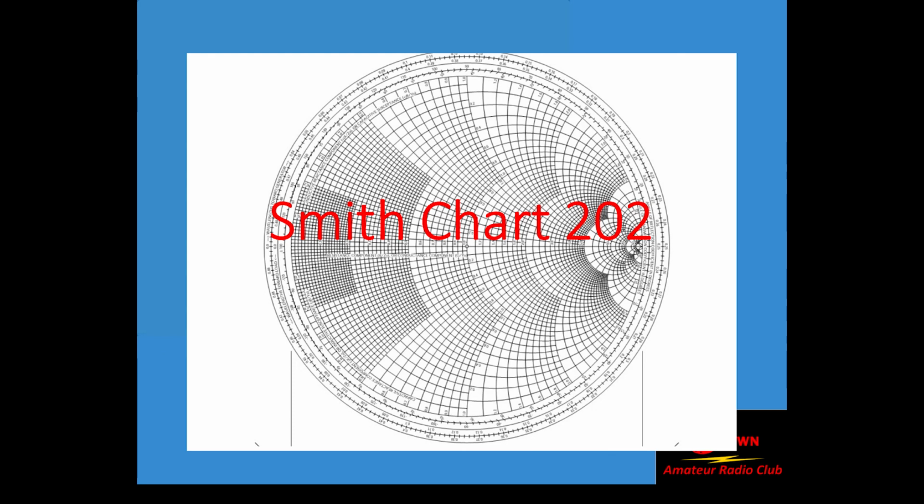Anyway, we'll need to go through that some and give you guys just a little bit of familiarity with working with that, and then we'll figure out how to use the Smith chart to design a stub or something of that nature to improve our SWR at the antenna itself.